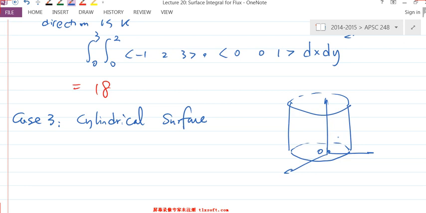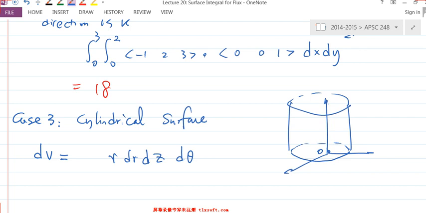Same idea. Now, if you remember from the triple integral, how does dV turn into cylindrical coordinates? It's r dr dz d theta. But that's for sweeping through the whole cylindrical region.